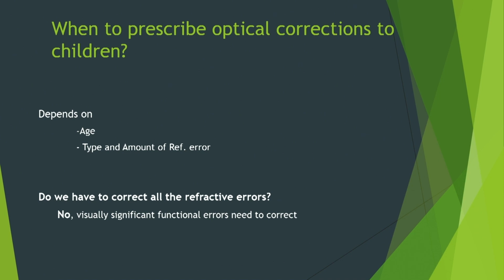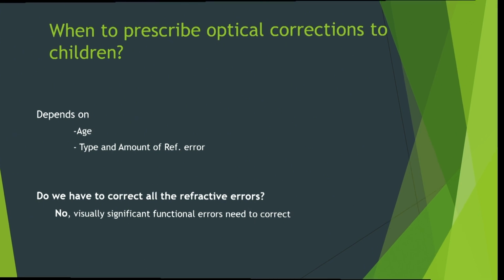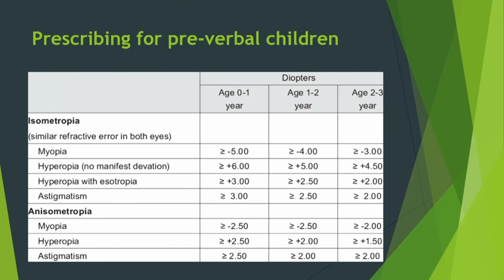So I have categorized into two categories: preverbal children, that is less than 3 years, and older children, right? So this is the American Academy of Pediatric Ophthalmologists guideline, right?